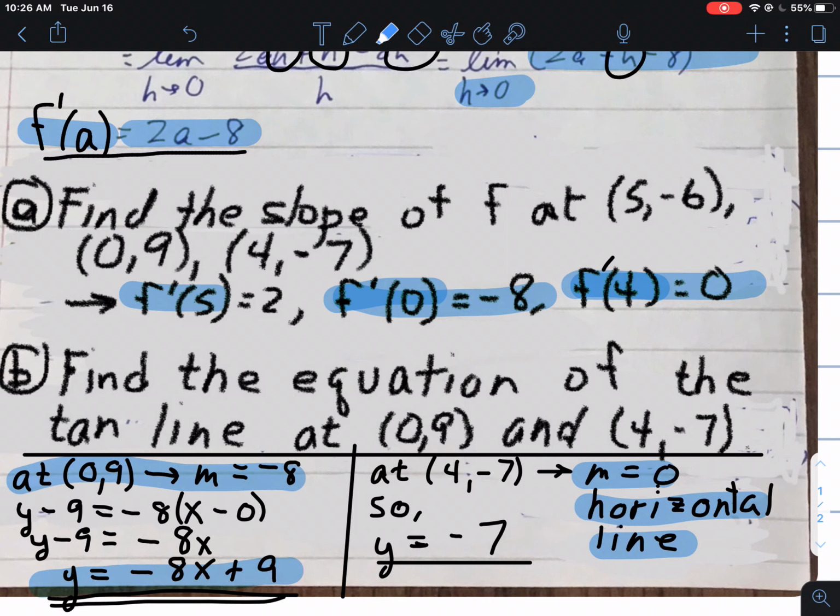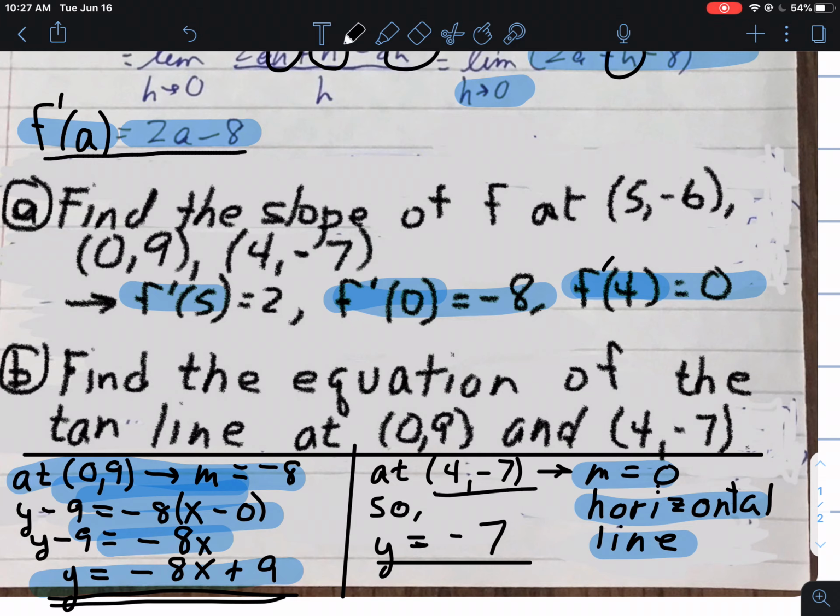Well, you could go through all of this if you want to get that equation. Or, remember, the equation of a horizontal line is always y equals a constant. Well, in this case, it would be y equals -7 because I know that that line passes through the point 4, -7. So it's simply y equal to the y coordinate of that point.